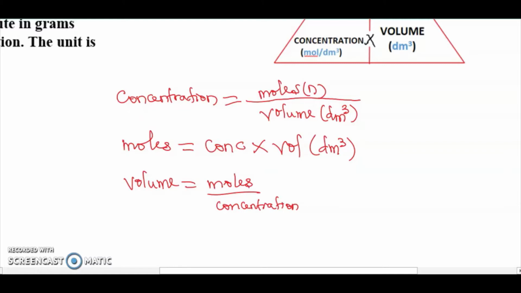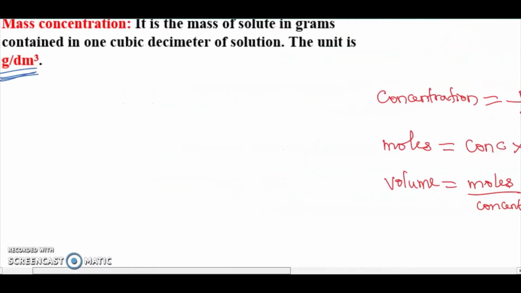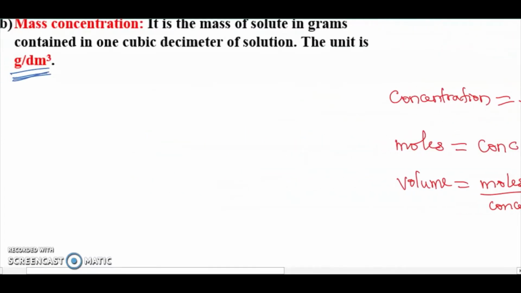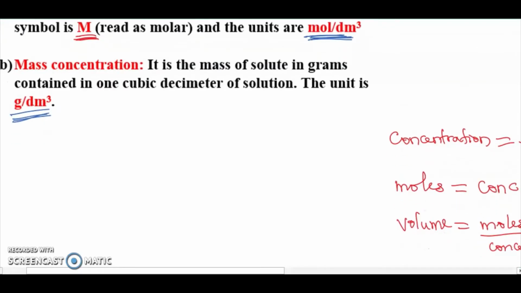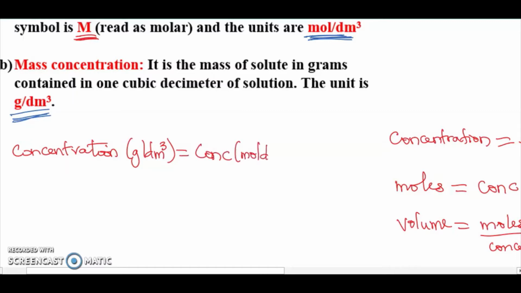Now, how do we calculate concentration? That is the mass concentration. Now, what you should note here is that to get concentration in gram per dm cube, concentration in gram per dm cube is simply equal to the concentration in mole per dm cube multiplied by the molar mass of the compound.